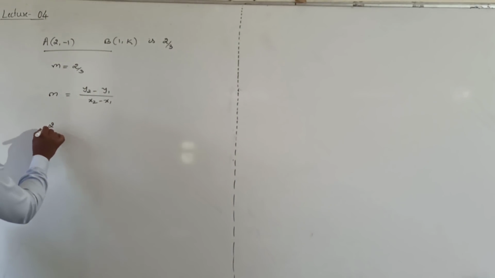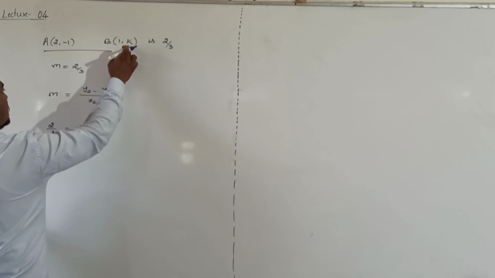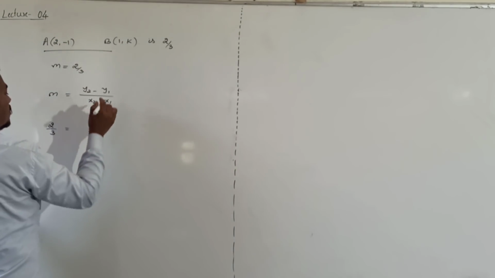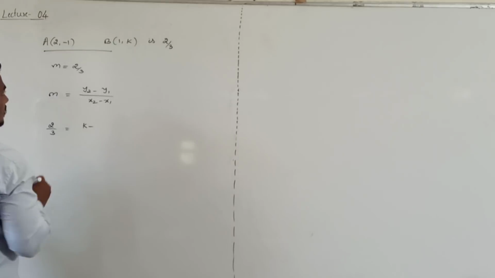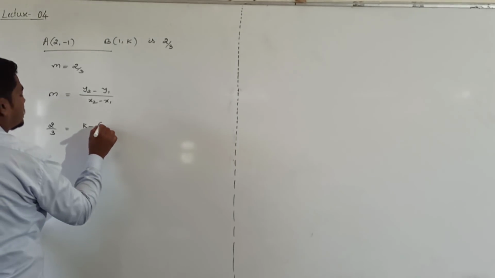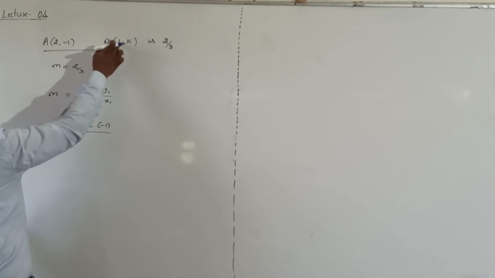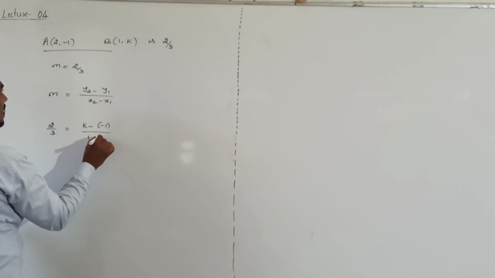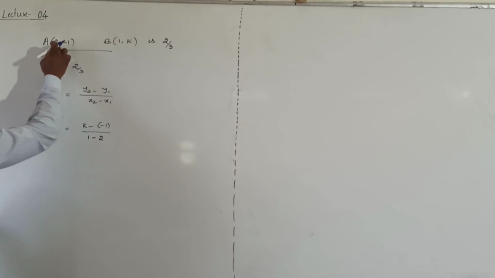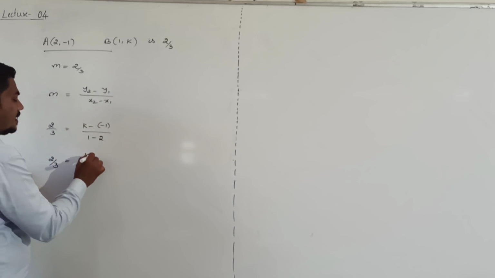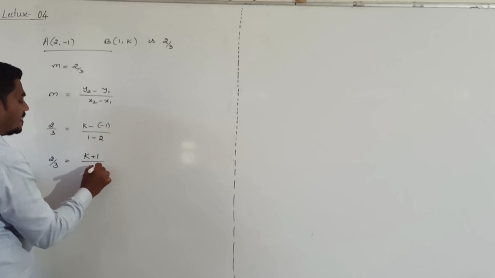The m value 2 divided by 3 is equal to y2, that is k, minus y1, which is minus 1, so k plus 1, whole thing divided by x2 minus x1, that is 1 minus 2, so 2 divided by 3 is equal to k plus 1 divided by minus 1, right?